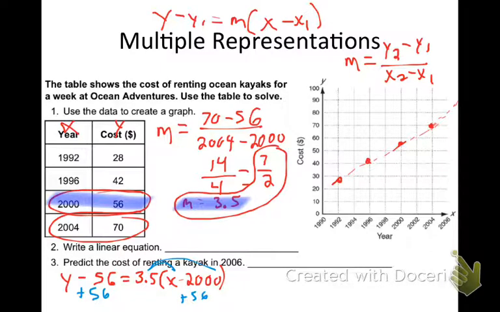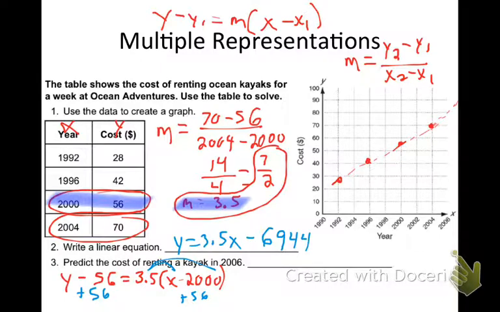So 3.5 times x is 3.5x. 3.5 times 2,000 is 7,000. So negative 7,000 plus 56, so 7,000 minus 56 essentially gets me 6,944. Yeah. And that's the equation of my line.